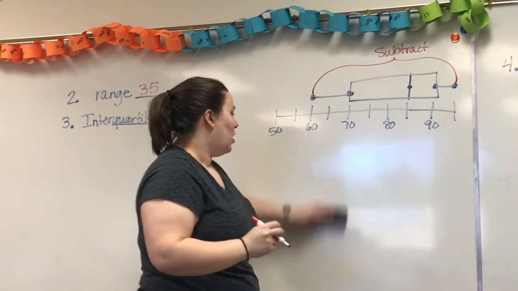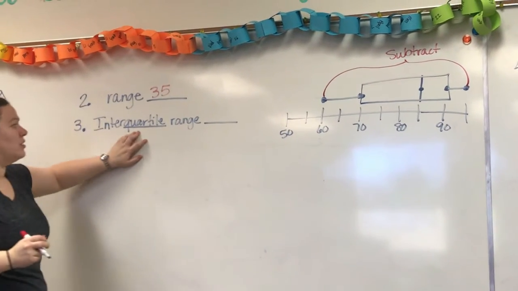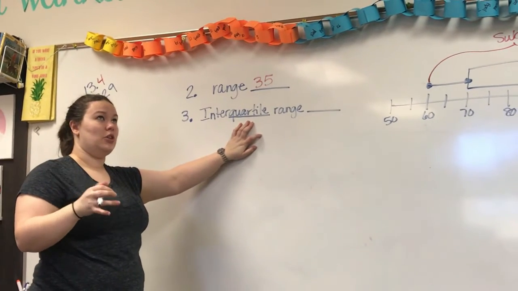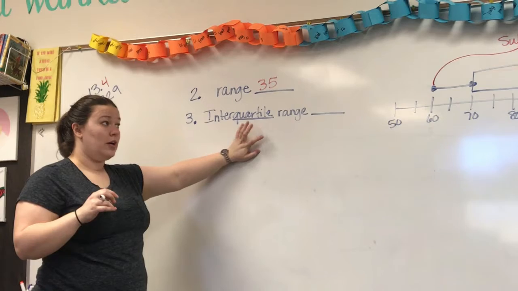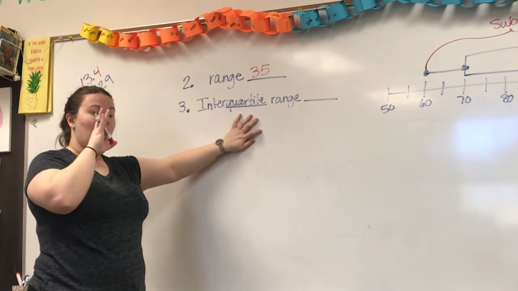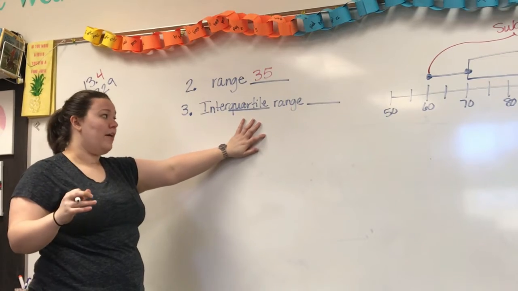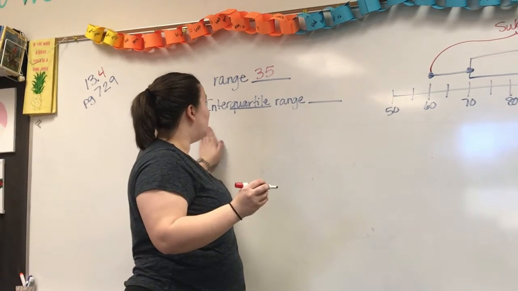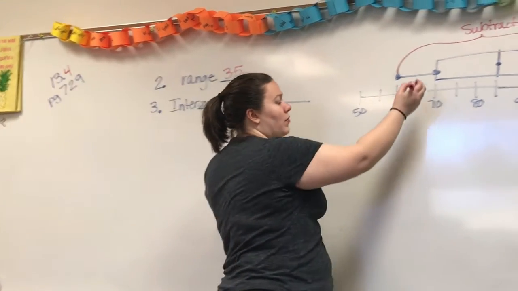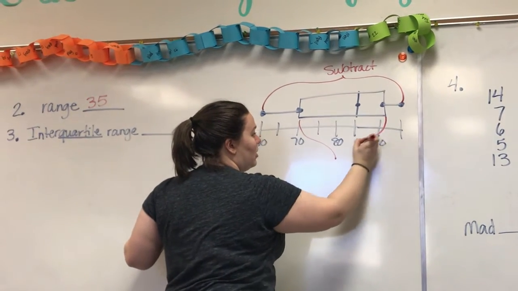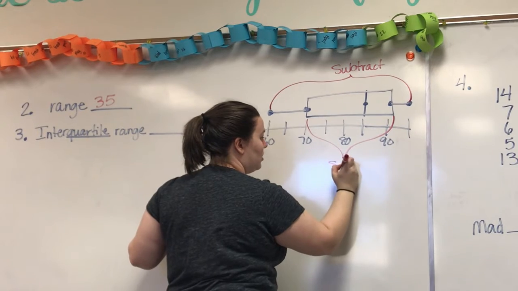Okay? The reason why I underlined this word quartile is because in, I think it was lesson 13.1, we learned how to draw a box and whisker thing with the lower quartile average and the upper quartile average. So the interquartile range is going from the beginning of the box to the end of the box, and then you subtract.